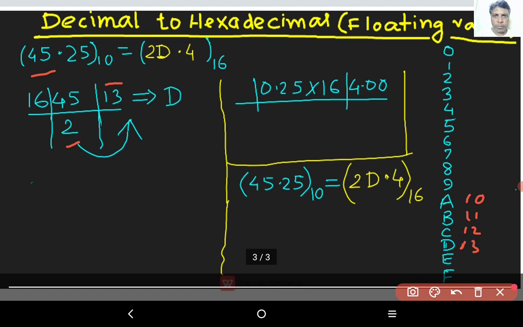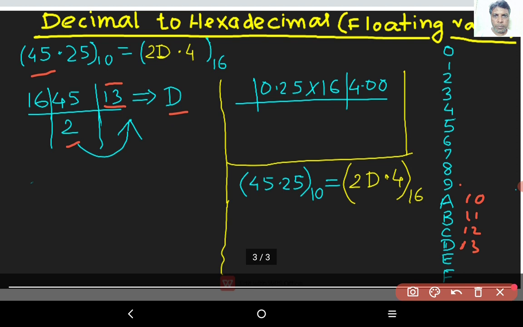So in place of 13 we can write D. In the hexadecimal system, up to 9 they are digits, and after that 6 alphabet letters are taken as the 6 more digits after 9.